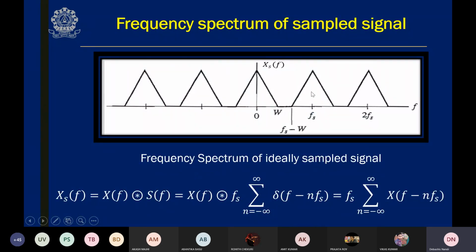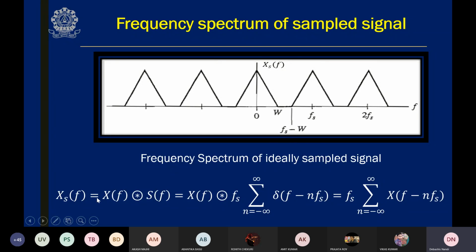Along with this, we are getting other subbands also having the same bandwidth at every fs frequency. Here at fs, you are getting another replica of the same thing. Here at twice fs, you are getting another replica of the same thing. And why is it coming? This is simply done by mathematics.